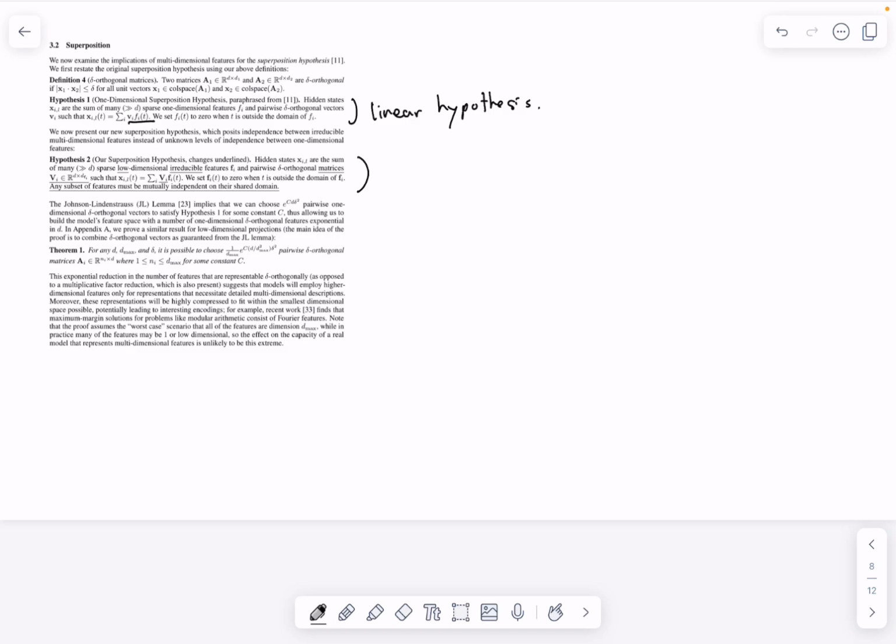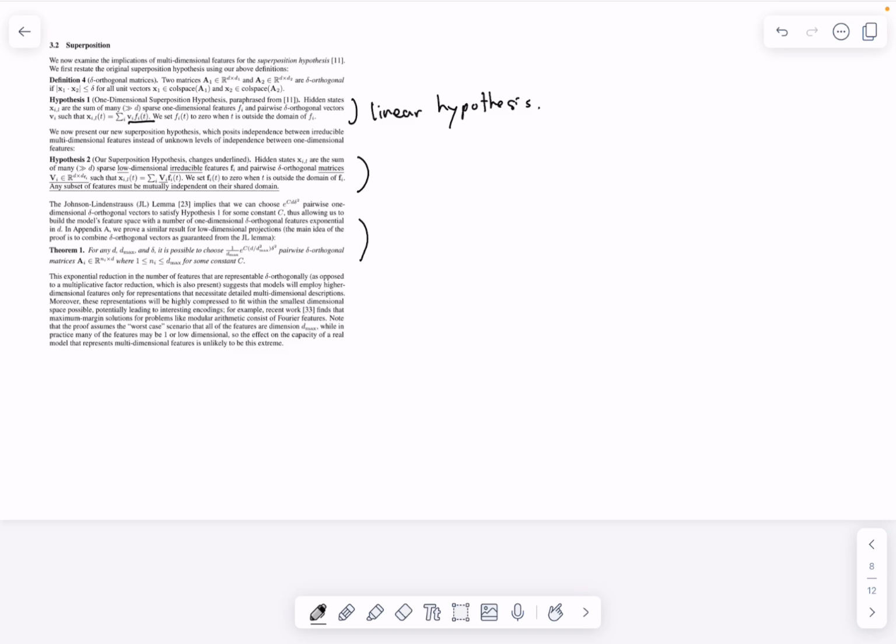This projection aligns with the Johnson-Lindenstrauss lemma, which guarantees that projecting high-dimensional data into lower dimensions still preserves the distance between points. Preserving distances means that the subspaces remain independent, which is one of the key characteristics of irreducible multidimensional features.